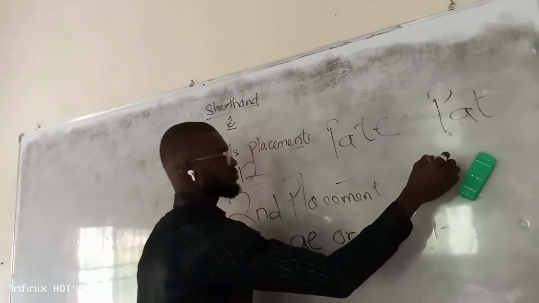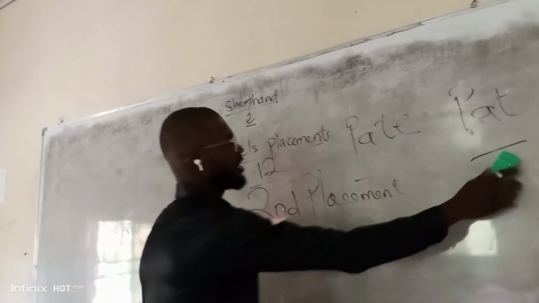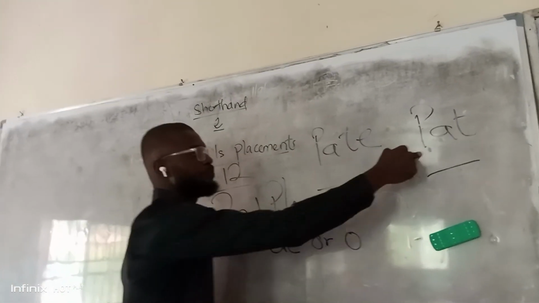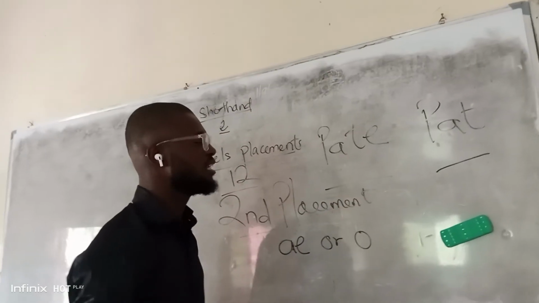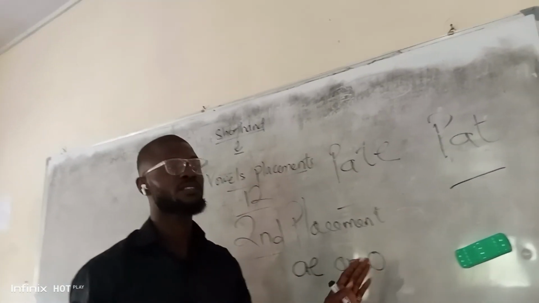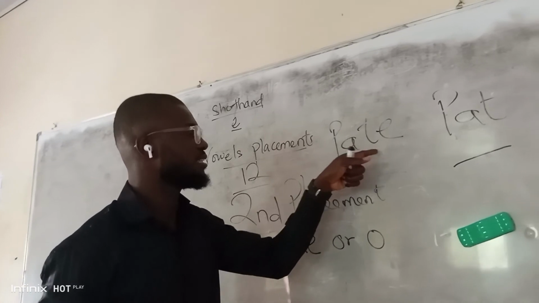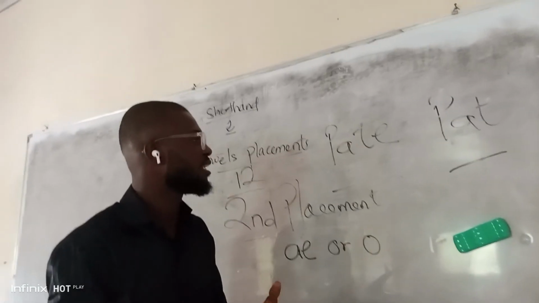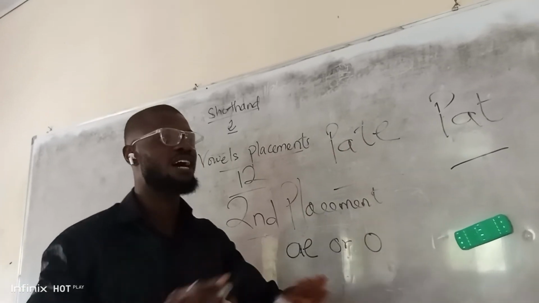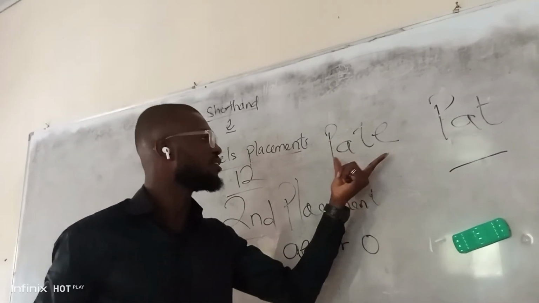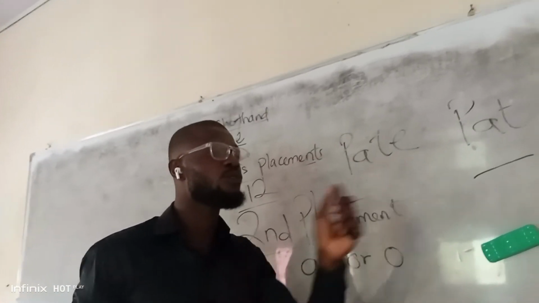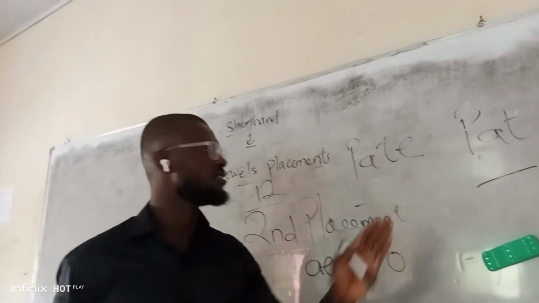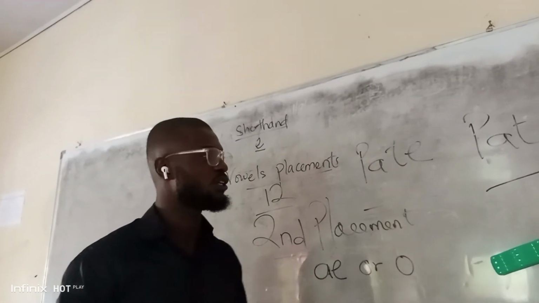All right, now on this, P-E-A-T, your pate, P-A-T, your part. Now, the difference between this and this is just the E. The E here is not pronounced, it doesn't have any sound. In English we call it the magic E, the E that does not have any sound.